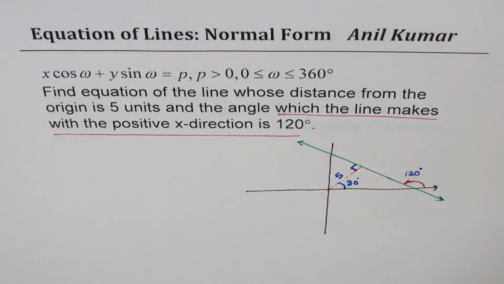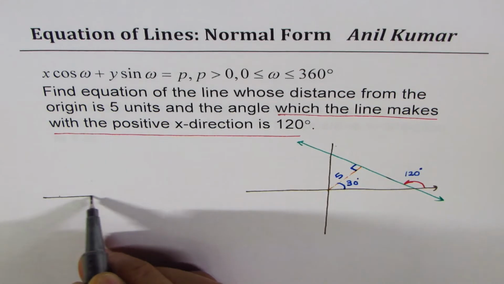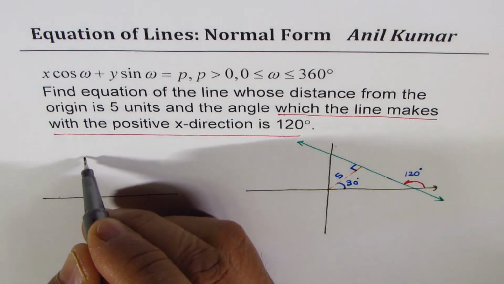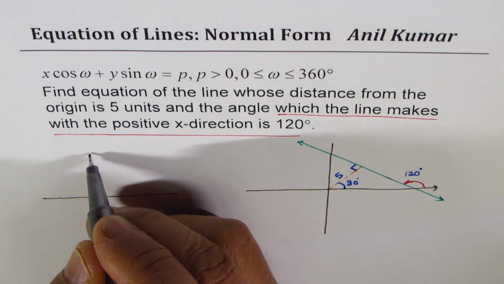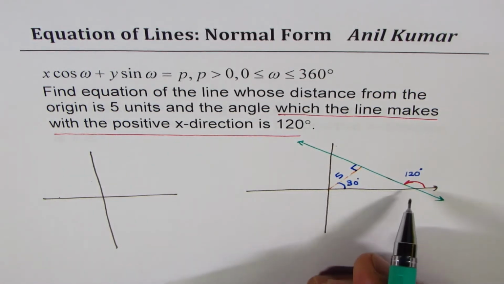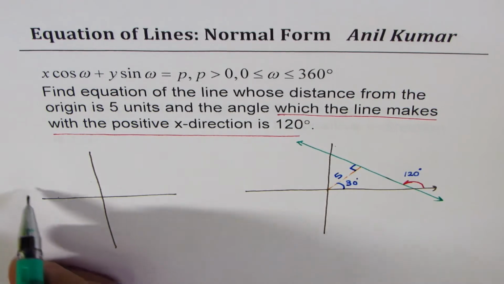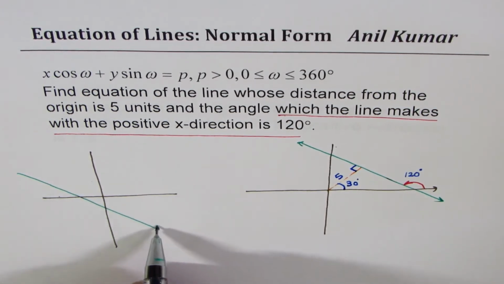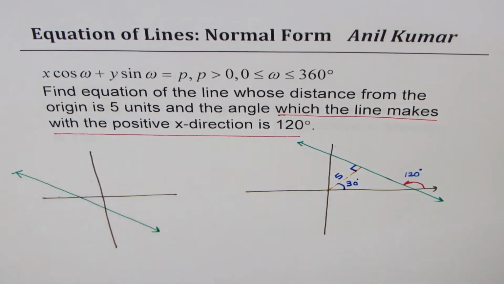However, in this particular case, we may have another scenario. That is to say, we could also have a line which could make 120 degrees with the positive x-axis, and it could be like this. So that could also be a situation. Do you see that? So both are possible situations for us.